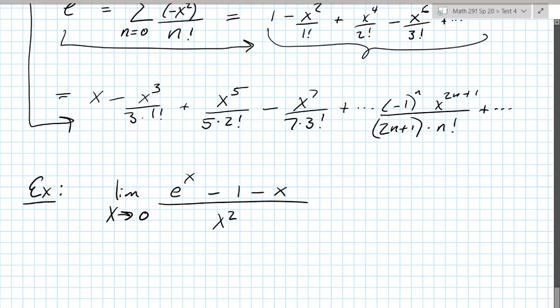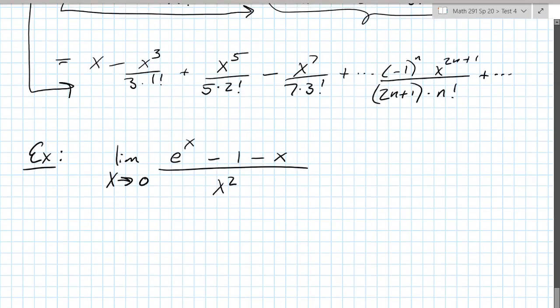We could just do 2 rounds of L'Hopital's rule and get the answer, and you would be correct. But we could also use the series for our e to the x and use its expansion at 0, so that would be a Maclaurin series.